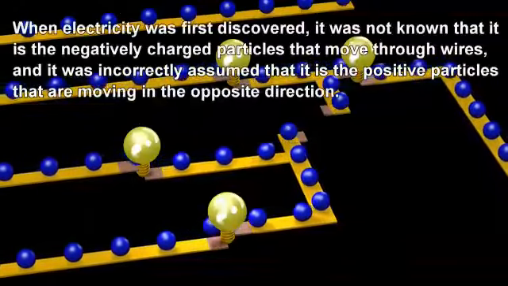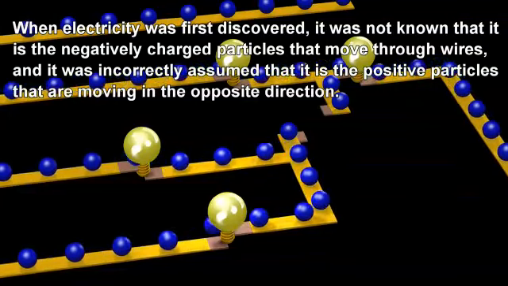When electricity was first discovered, it was not known that it is the negatively charged particles that move through wires, and it was incorrectly assumed that it's the positive particles that are moving in the opposite direction.